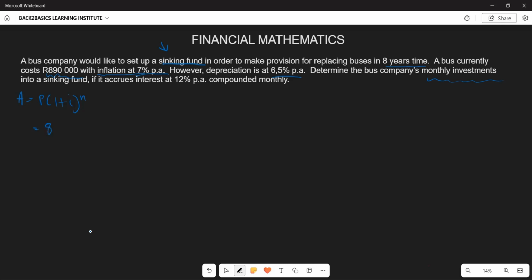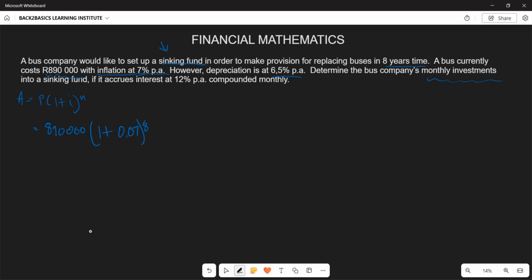The value of the bus, which is the principal amount, is 890,000. Then it contains an inflation of 0.07, and this is for 8 years.